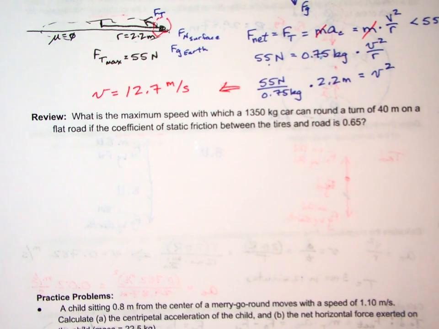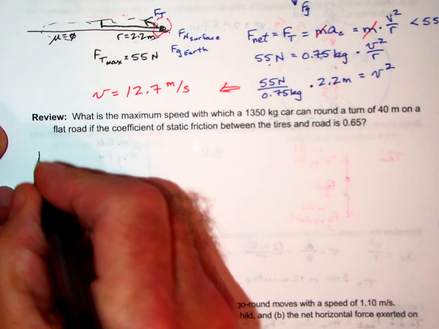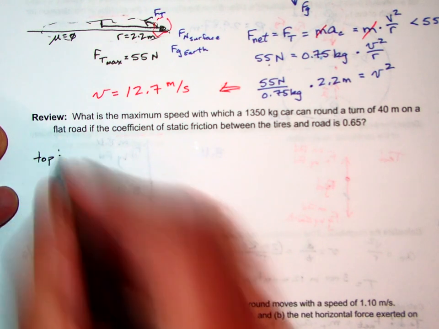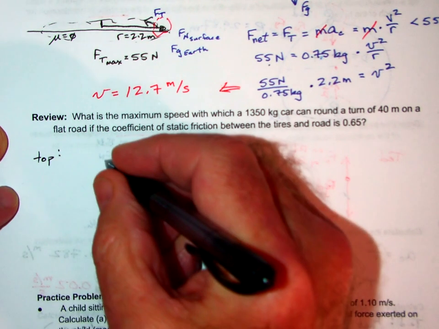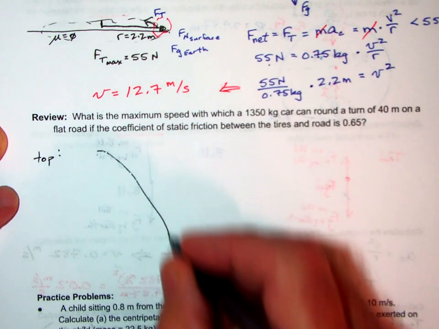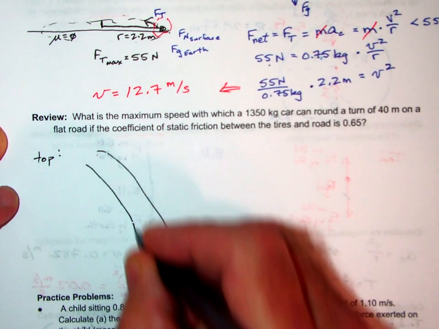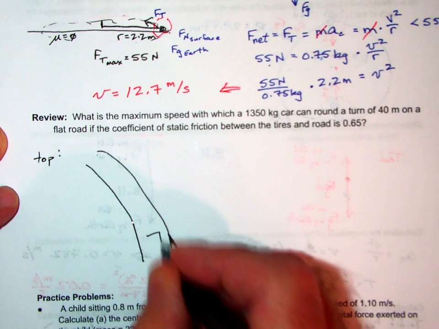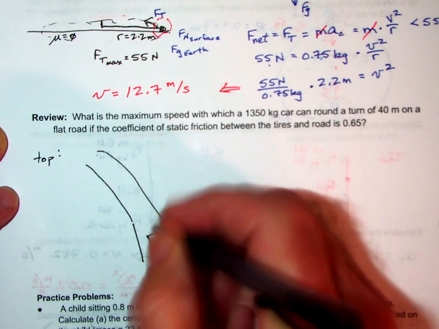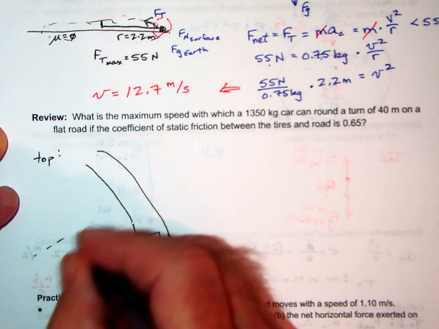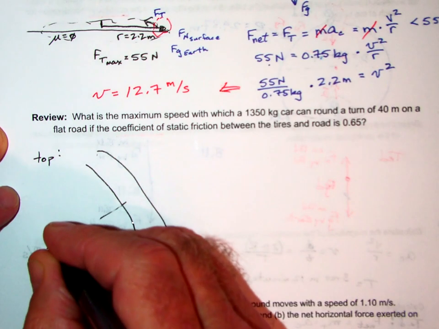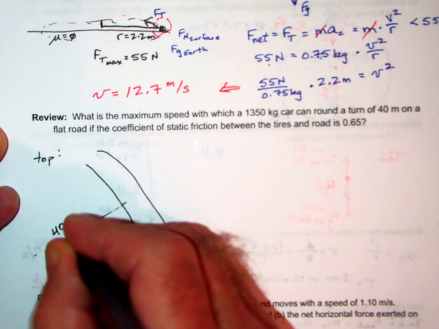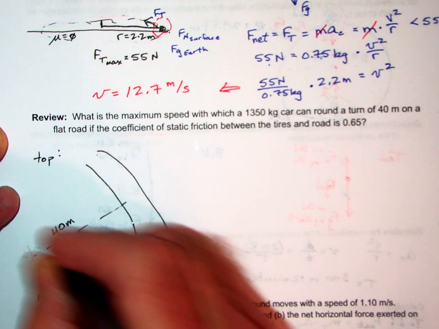So from a top-down view, car is on the road, and this radius is 20 meters.